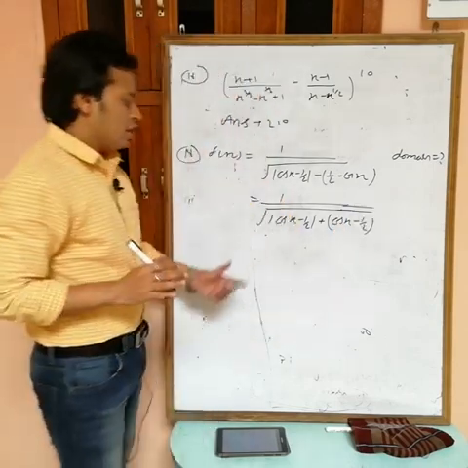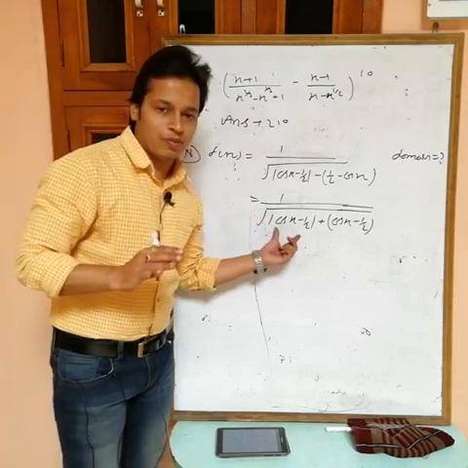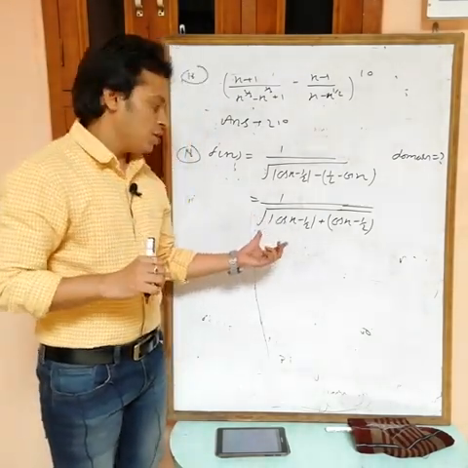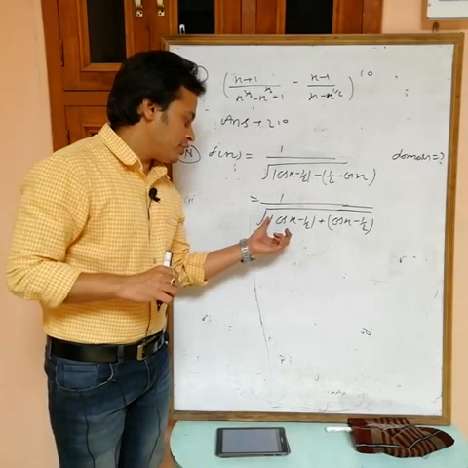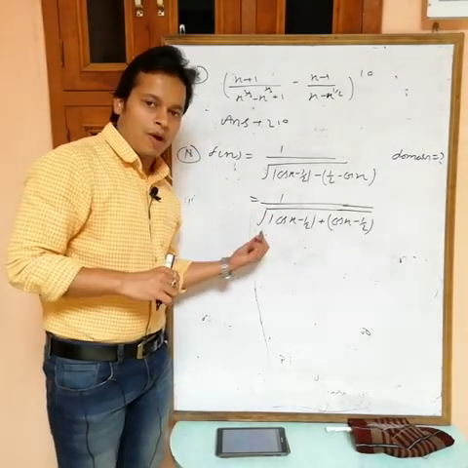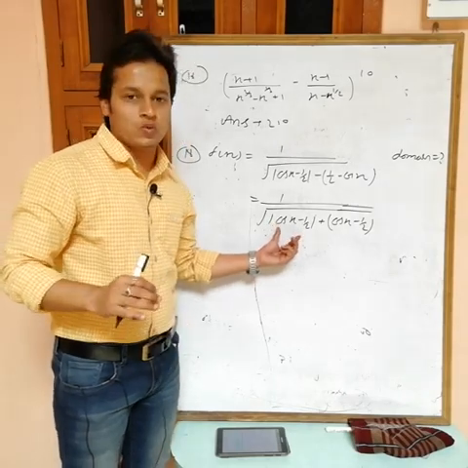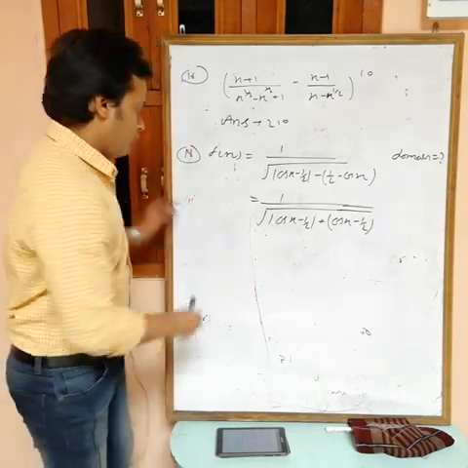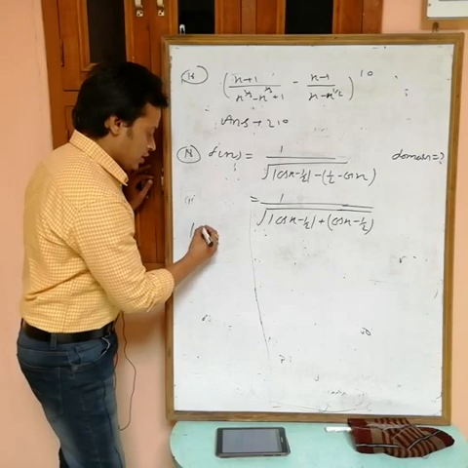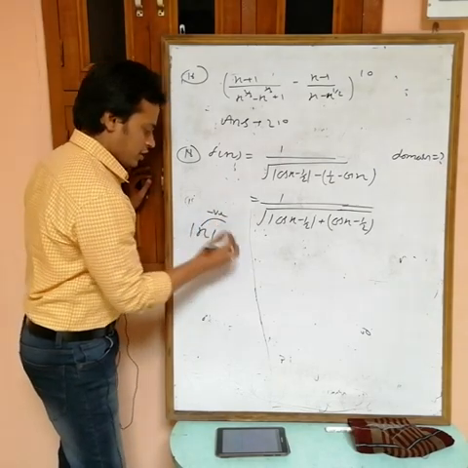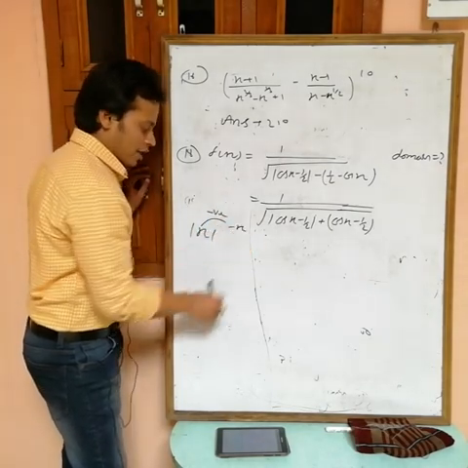Now see, if cos x minus 1 by 2 is less than 0, if this one is negative, then this can be written as minus of this one. Minus of this one and this one will be cancelled out. If cos x minus 1 by 2 is less than 0, we know mod of x: if x is negative, then mod of x is equal to minus x.